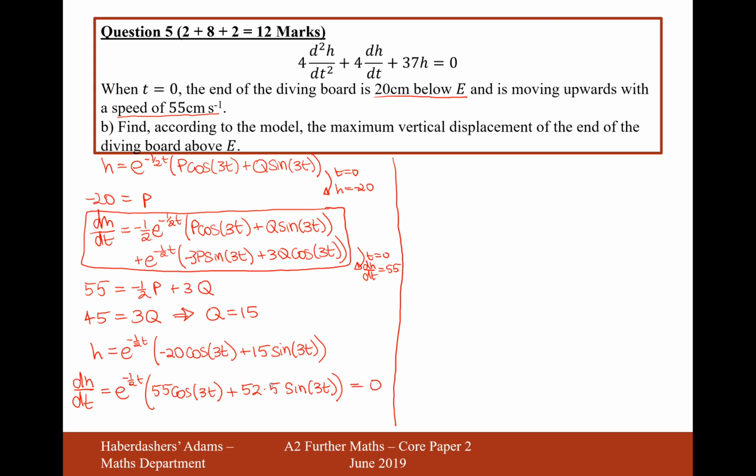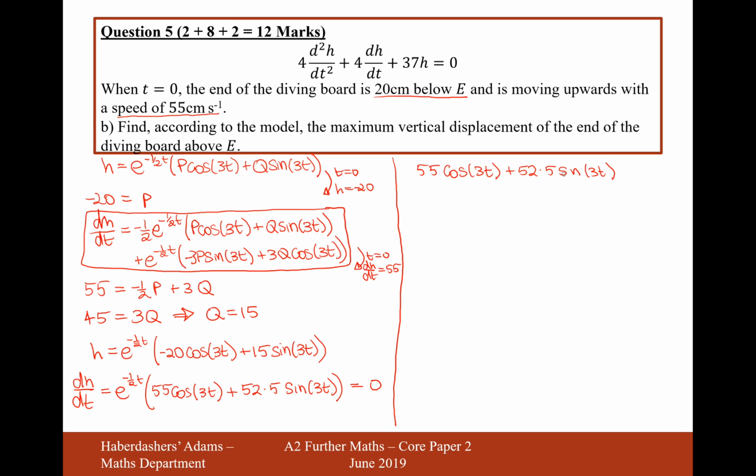So therefore this is an equation that's set equal to 0, and then we can just cancel out the exponential. So it's going to be 55 cos 3t plus 52.5 sine 3t.